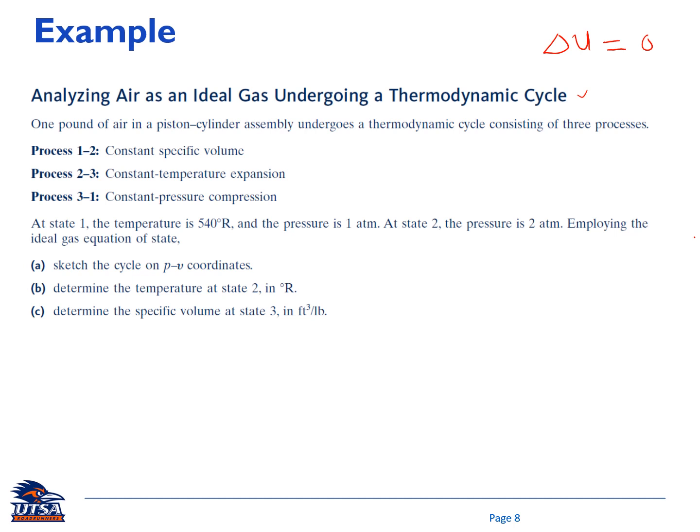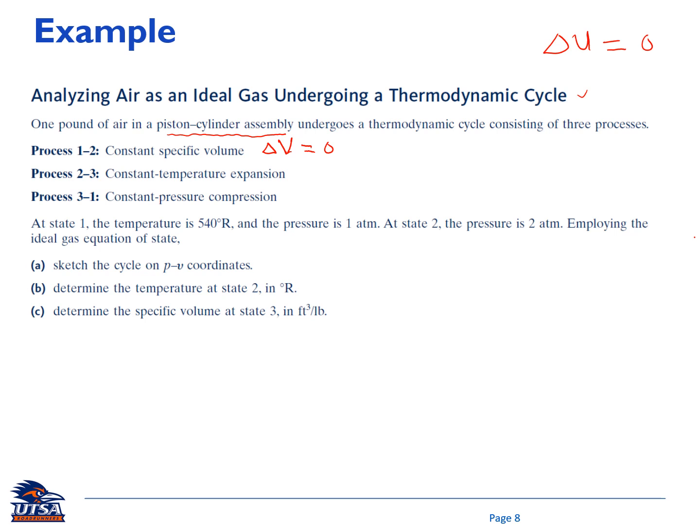In this example, we have 1 pound of air in a piston cylinder assembly that undergoes a thermodynamic cycle consisting of 3 processes. For process number 1, it's changing from state 1 to state 2. It occurs under constant specific volume, so here delta V equals 0. So isochoric, a constant volume process.